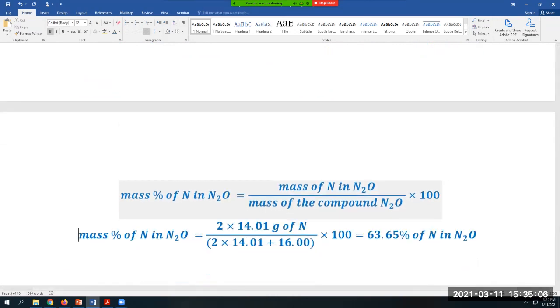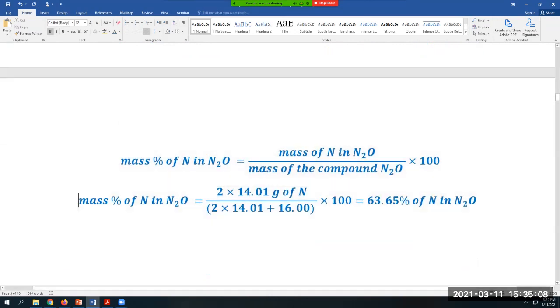Sorry. So when you plug in the numbers, it's 2 times the molar mass of nitrogen on the numerator. So 2 times 14.01 grams of nitrogen, because we have 2 nitrogens per formula, over the molar mass of the compound.